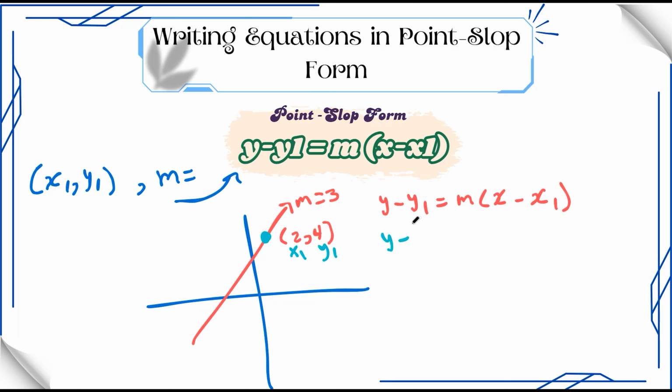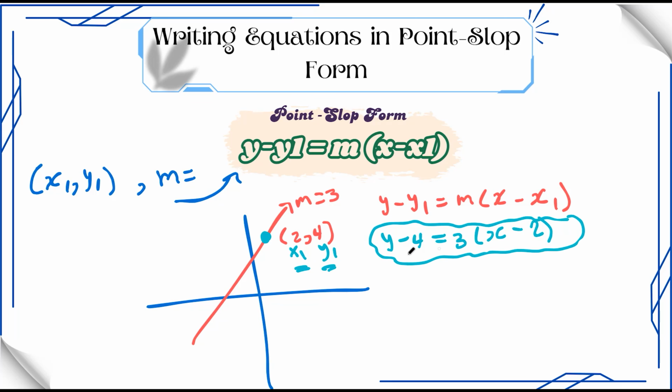Y minus y1 is 4 equals slope here, 3, multiply x minus x1. Where is x1 here? It is 2. Then the equation of the line in point slope form will be y minus 4 equals 3 multiply x minus 2.